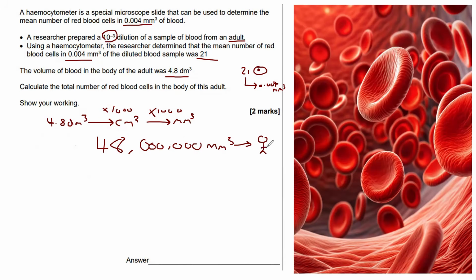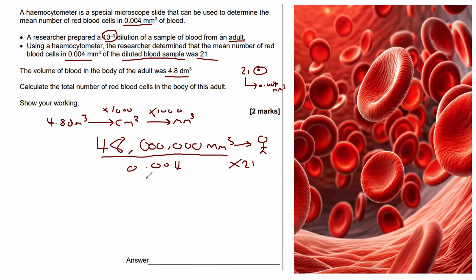We want to know the total amount of red blood cells in that adult's body. Well, we know in a diluted blood sample, there's 21. That means 0.004 contains 21. So I want to find out how many 0.004s go in that. I'm going to divide by 0.004 and then I'm going to times, there's 21 in each of those 0.004s.